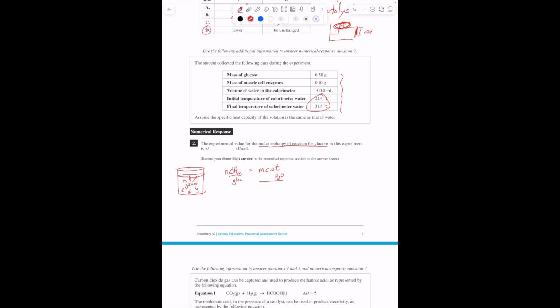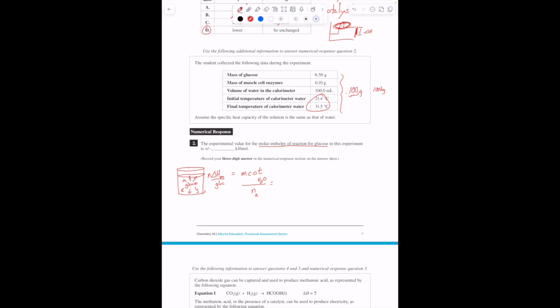So I'm going to divide by n for glucose, and then I'm going to solve. I probably need to save myself a bunch of space, so I'll move that over. My mass is 100 grams. I'm going to change that to kilograms, so I'm going to move my decimal over and make 0.100 kilograms.